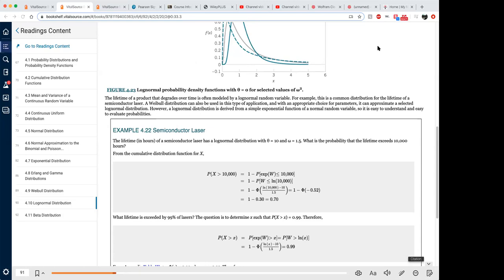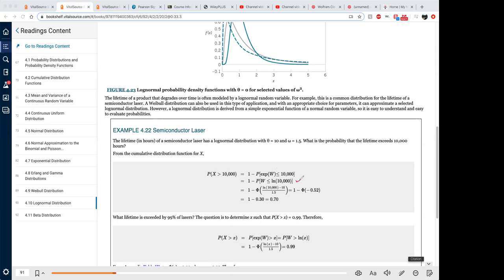We need to compute the probability that x is greater than 10,000. We express this in terms of the CDF, which is 1 minus the probability that x is less than or equal to 10,000. But x is nothing but e to the w, right? Taking the natural log on both sides of the inequality, we get this.